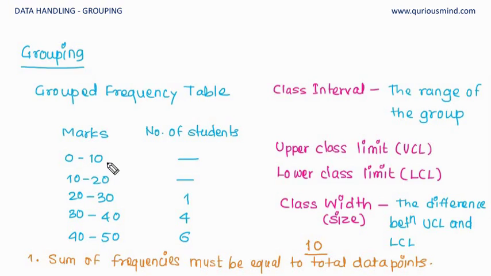I cannot consider them in both the class intervals. I have to consider it in one of the class intervals. So which one of them should I consider?